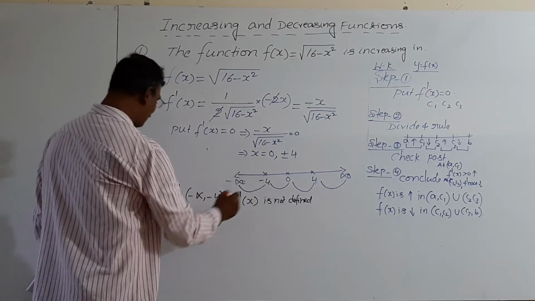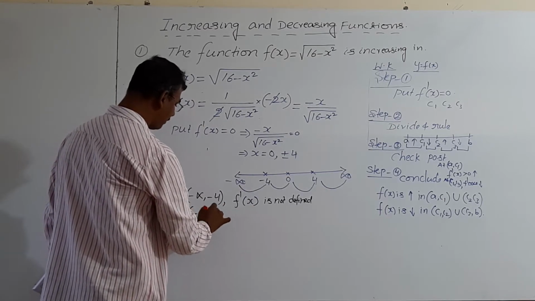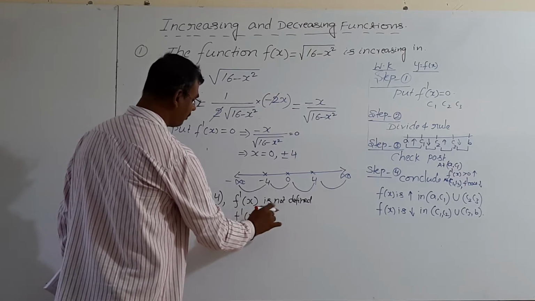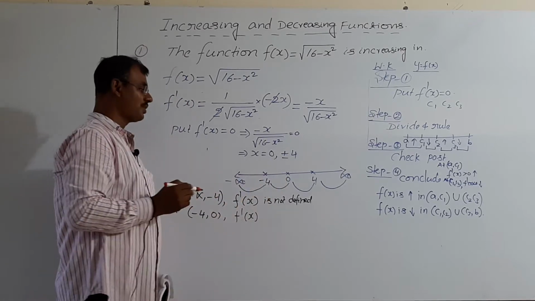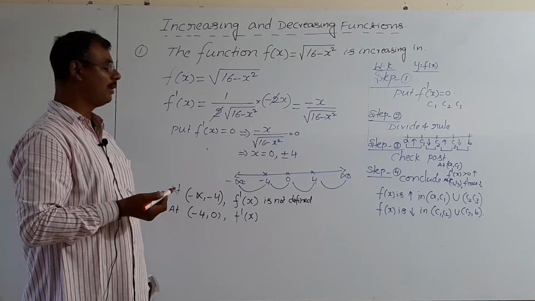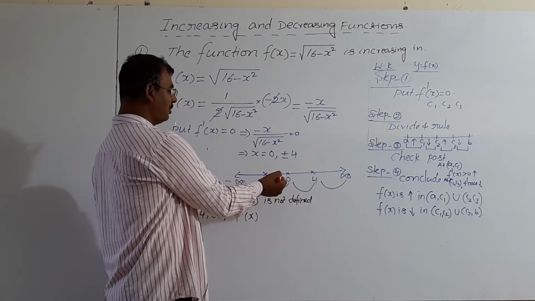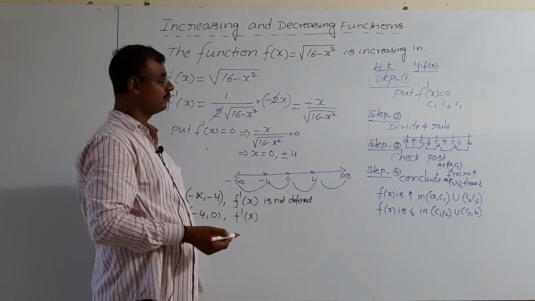Next, for the interval minus 4 comma 0, what is f dash of x? Observe that. Take any number between minus 4 and 0, for example minus 1, on the left side of 0: minus 1, minus 2, minus 3, minus 4.